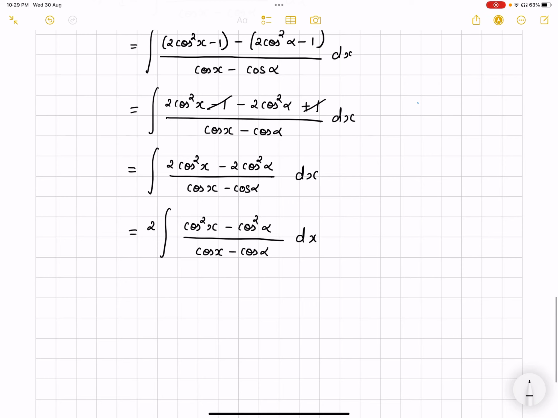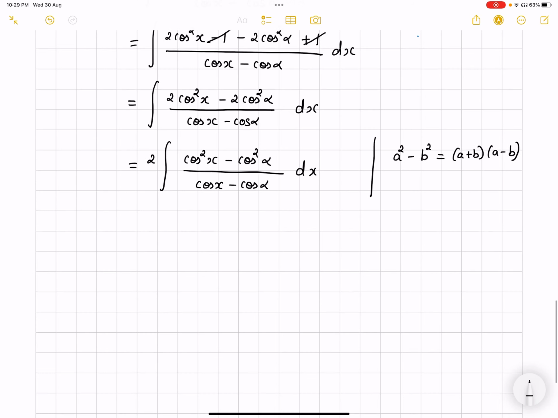Now if you observe the numerator, it is in the pattern of a square minus b square, which is equal to a plus b into a minus b. So now let me split that.